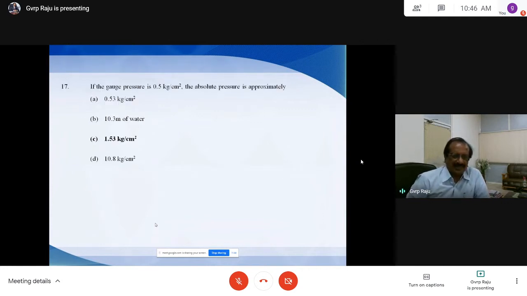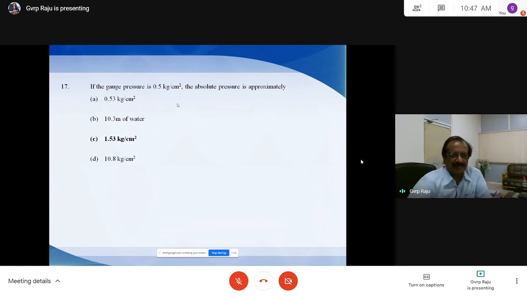Gauge pressure of 0.5 kg per centimeter square, the absolute pressure is approximately. So gauge pressure is given as 0.5, and again I am repeating, there are two definitions. One is absolute pressure is equal to atmospheric pressure plus gauge pressure. The other one is absolute pressure is equal to atmospheric pressure minus vacuum pressure, both are correct. For this case, you need to use absolute pressure equals atmospheric pressure plus gauge pressure.